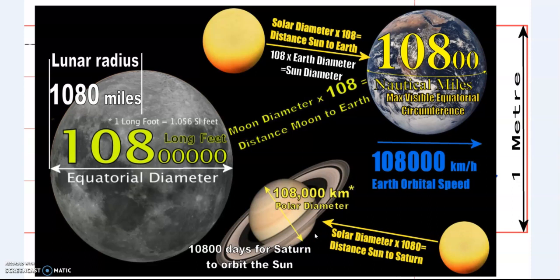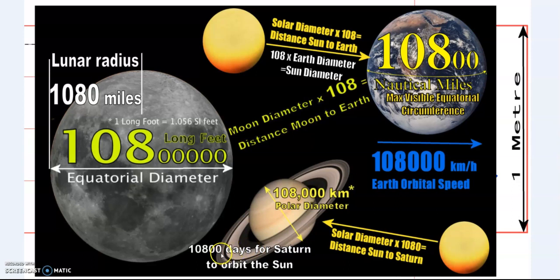So if the Earth is 1 AU, the distance to Saturn is 10 AU, and it just so happens that the polar diameter of Saturn, within a slight margin, again exact measurements because it's a gas planet, so defining the exact surface of it, but very, very close, within acceptable margins, the polar diameter of Saturn is equal to the orbital speed of the Earth per hour, and again, slight variations each year, elliptical nature of things.